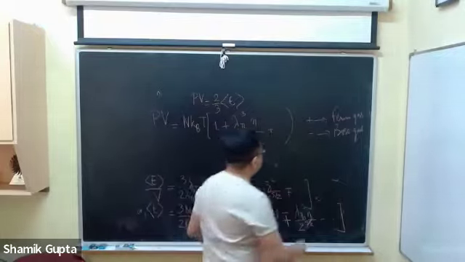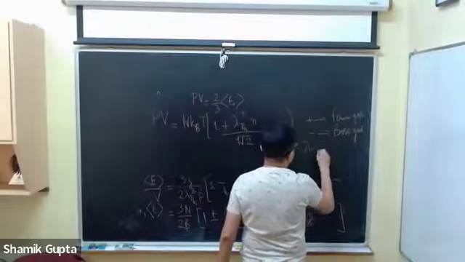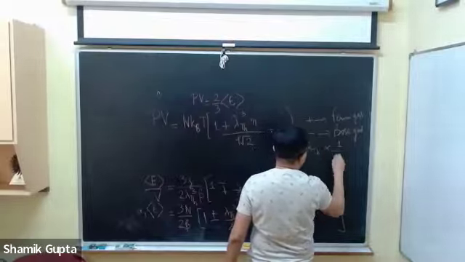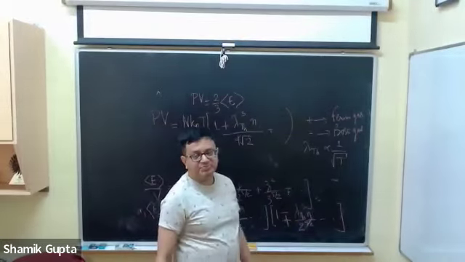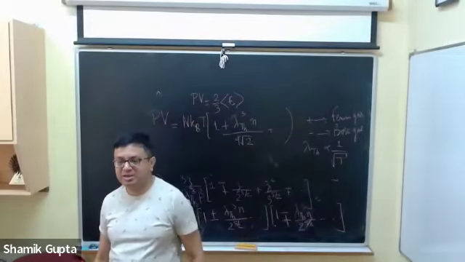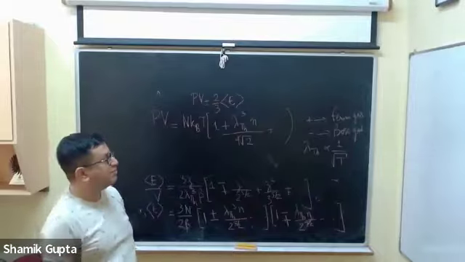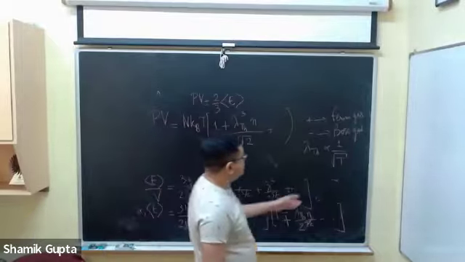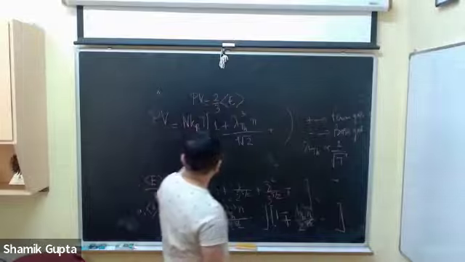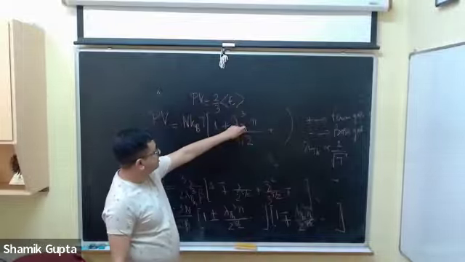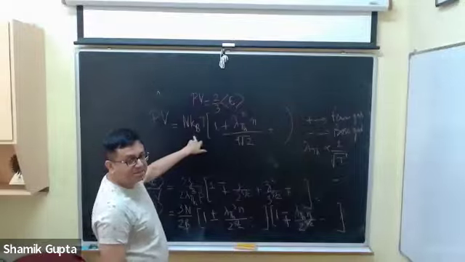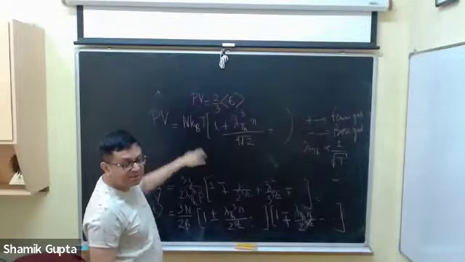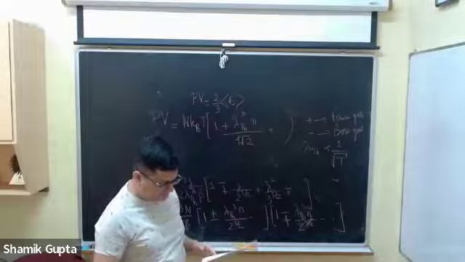Because lambda thermal is proportional to 1 by square root of T. As you make your system go to higher and higher temperature, the correction factor decreases, and therefore the Bose gas and the Fermi gas have the same behavior, namely that of the ideal gas.